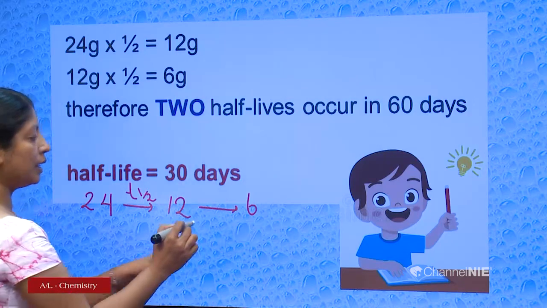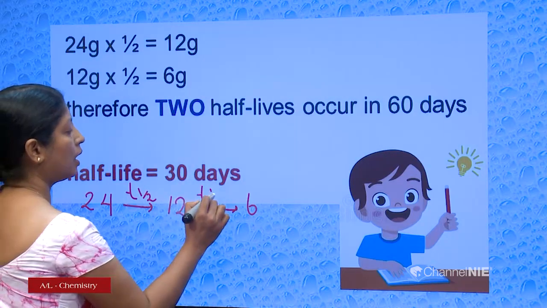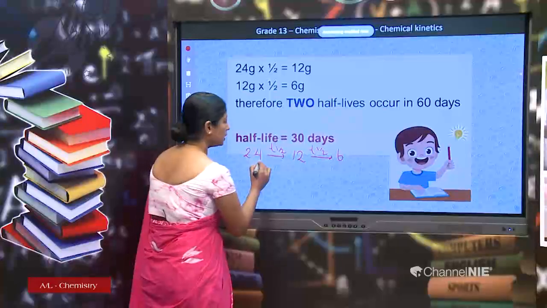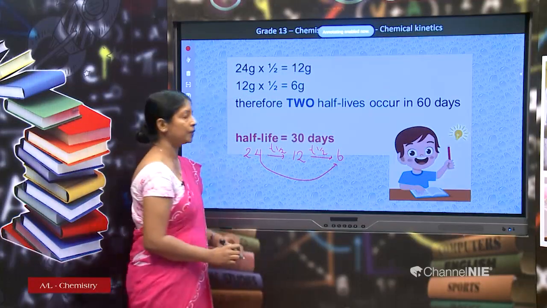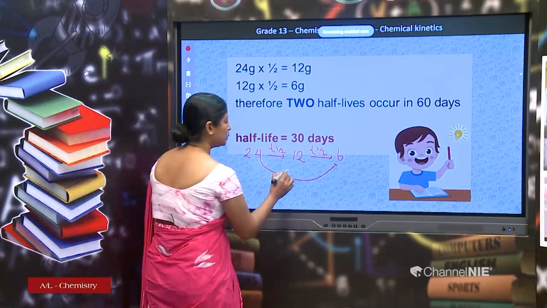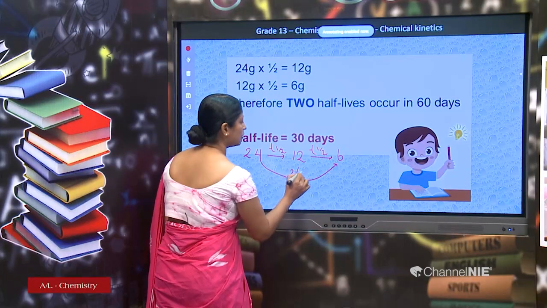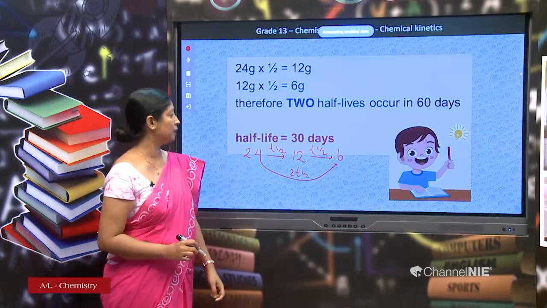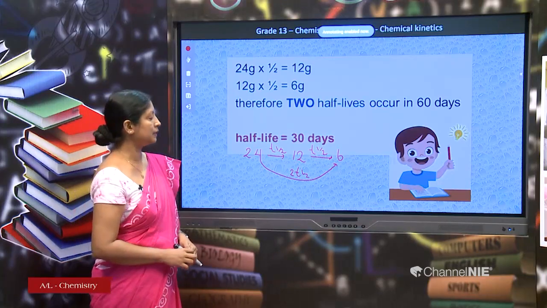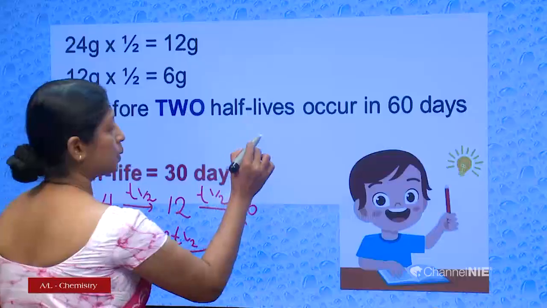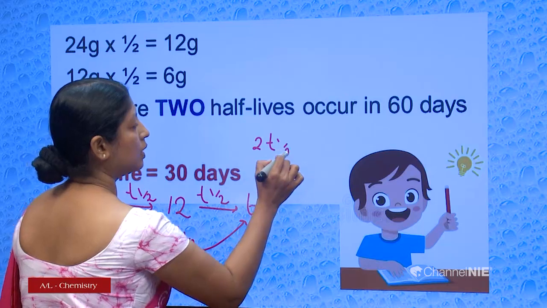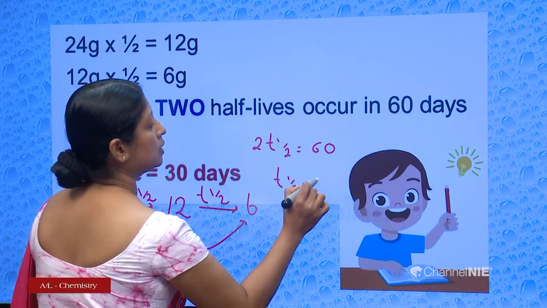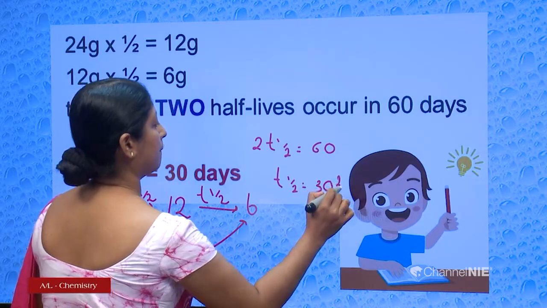Half of 12 is 6 grams, and to get this change we have to spend another half-life. Then to convert 24 grams to 6 grams, altogether we need 2 half-lives. The total required time is given as 60 days. So 2 half-lives equals 60, then half-life equals 30 days.